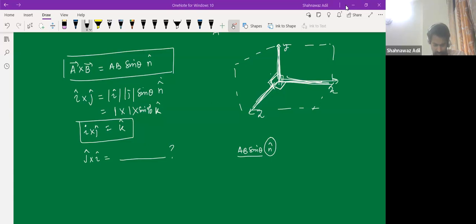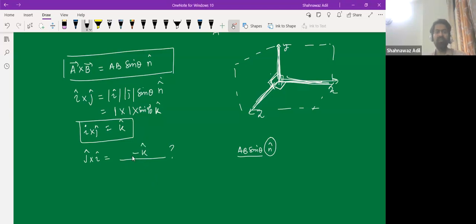So I cross J is K and J cross I will also be K, right? But as you said, might be in the negative direction. So you are thinking absolutely in the correct way.